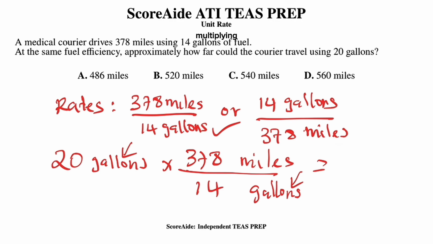Multiplying this, we're going to have 20 times 378 divided by 14. And the answer is 540 miles, right? So it means that we can use 20 gallons to travel 540 miles. So the answer here is C.